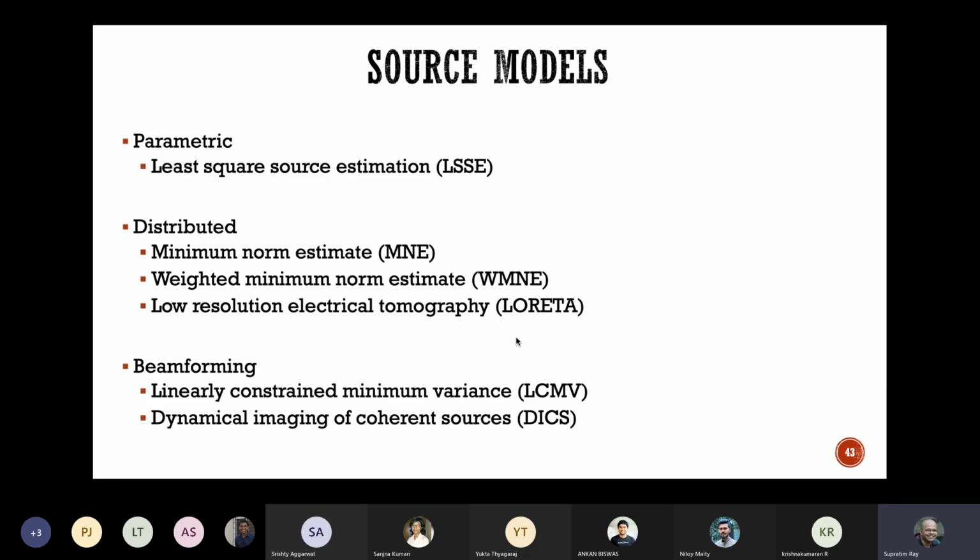So in the next class, very quickly, I'm going to talk about different ways in which we solve the inverse problem. It's an ill-posed problem, but different algorithms are used which have different assumptions to be able to find the source distribution given the scalp distribution. Okay, so I'm done for today. I'll stop recording. If there are any questions, please ask now.